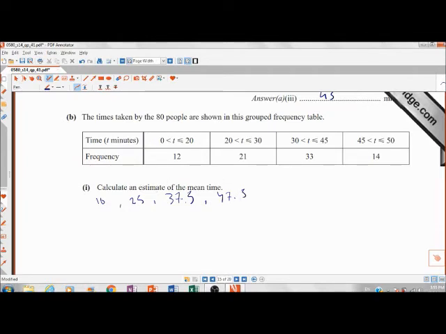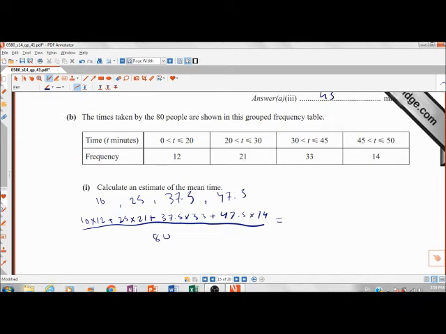Okay, now that we have the average times, we multiply by the frequency and then divide the whole thing by the total number of people, which is 80. So 10 times 12, plus 25 times 21, plus 37.5 times 33, plus 47.5 times 14, all over 80.